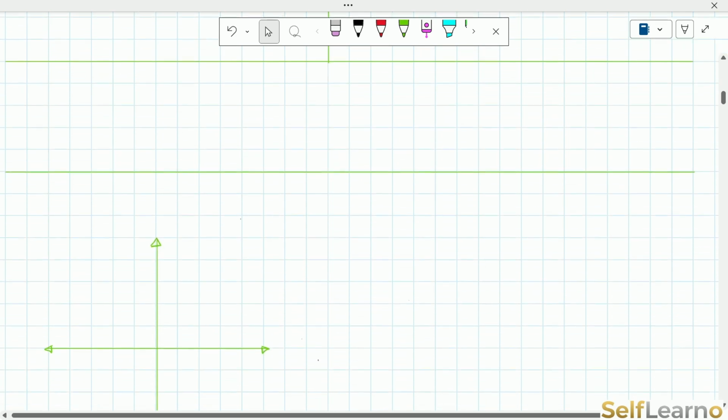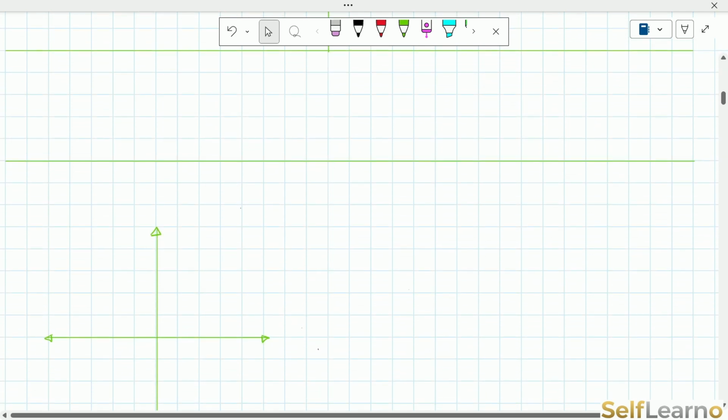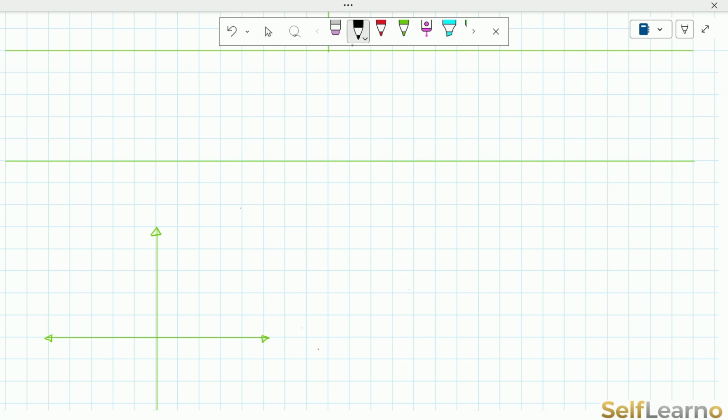So now I am going to introduce some properties of complex numbers. So first of all, I will just note down the standard form again. Standard form of complex number. Z is equal to a plus ib.